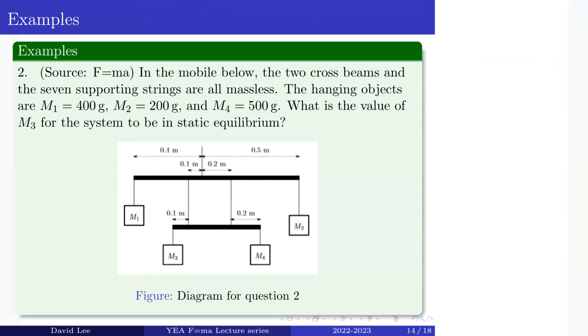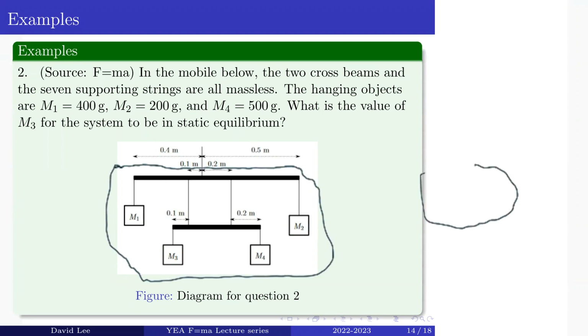There is also another cool way to do this, which is to think about not the two beams as our system, but have the whole object be our system. This whole object here. If this whole object is our system, what are the forces acting on it? There's gravity, and there's some tension from the string that's holding it up.